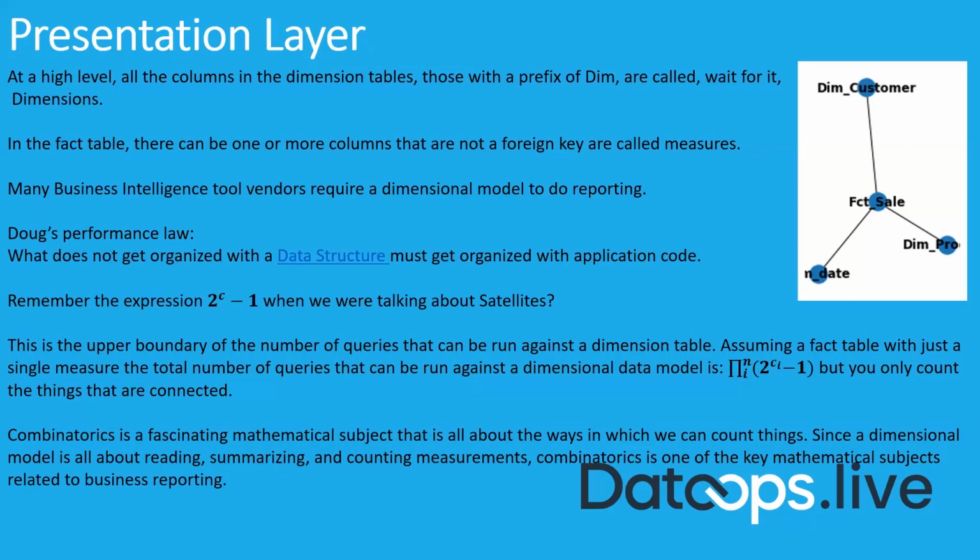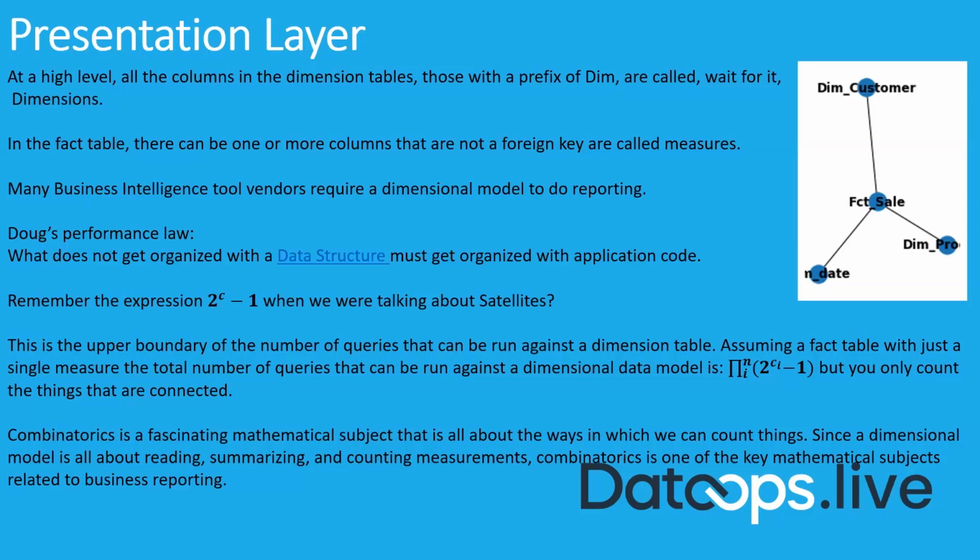One of the other things that I realized about a dimensional model is that a dimensional model is really a physical structure that implements combinatorics. And combinatorics is a very fascinating mathematical subject, which is all about different ways of counting things. A dimensional model, all it should be doing is allowing people to count things based off of different dimensions. That's it.